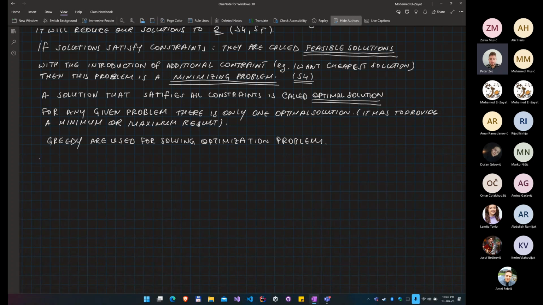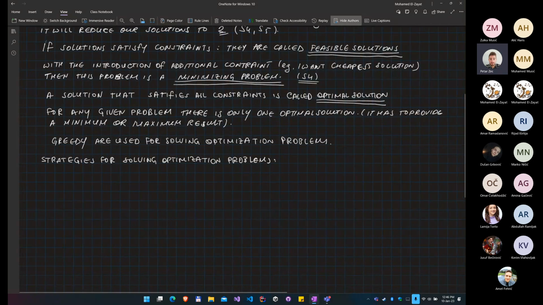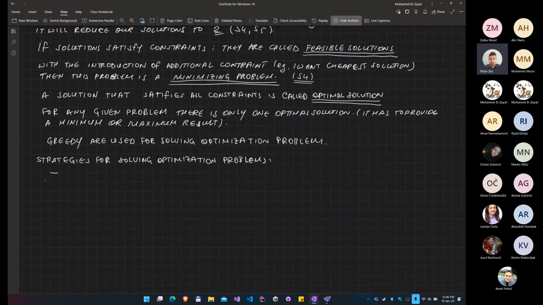So strategies for solving optimization problems. You have the greedy method, which we discussed.